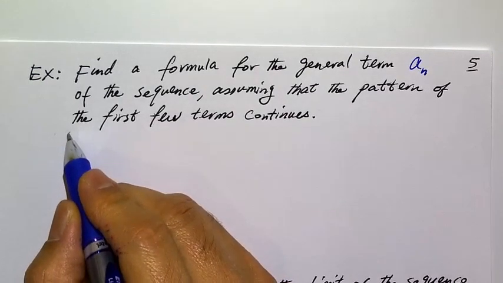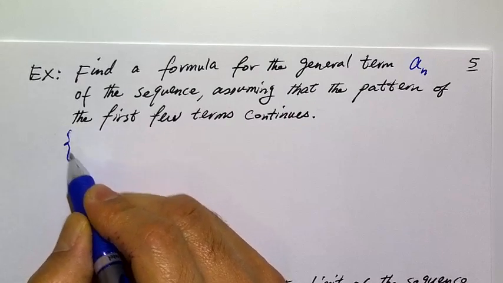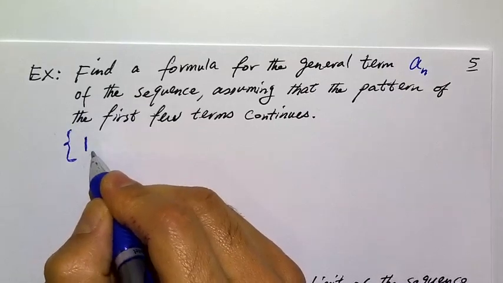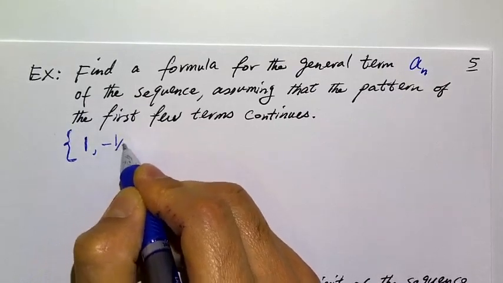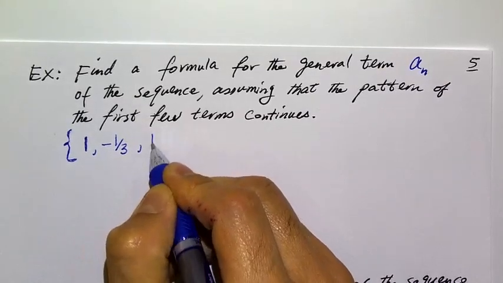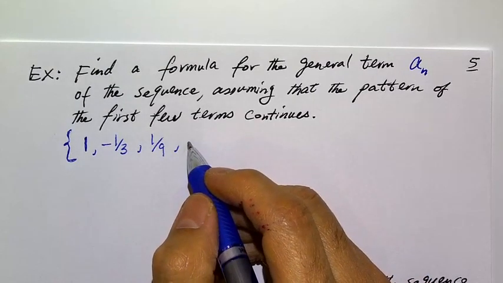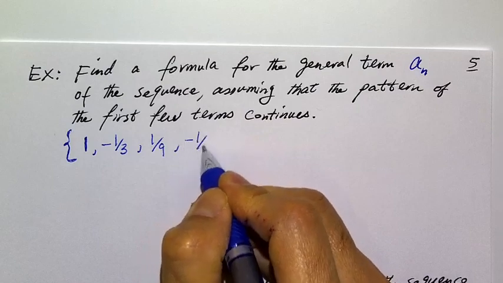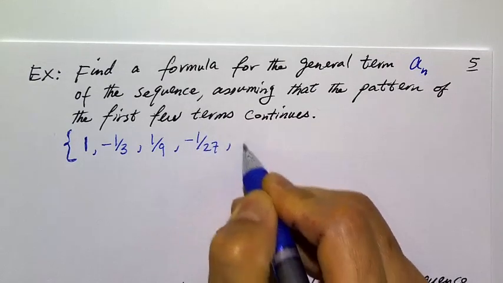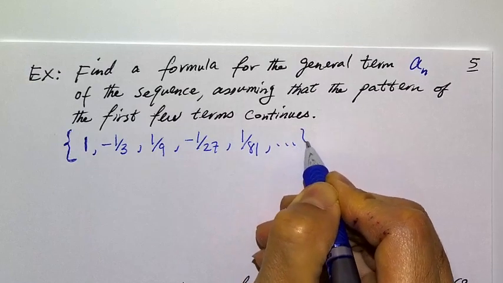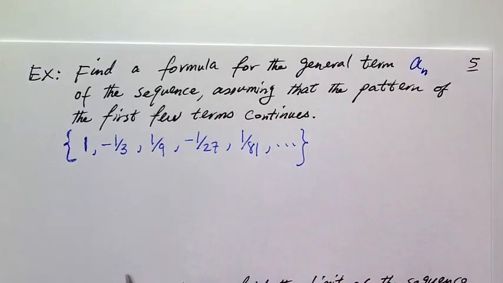The problem statement: we have a sequence shown in this way, and the first terms are 1, negative 1/3, 1/9, negative 1/27, 1/81. And this is an infinite sequence.